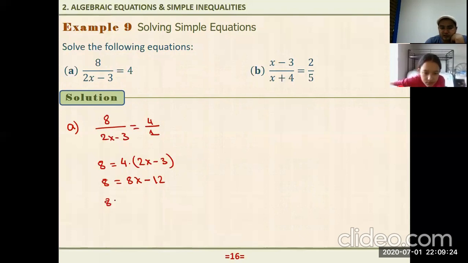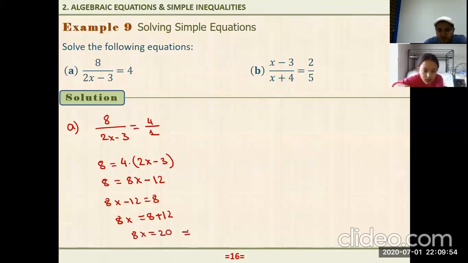Or I can just write it as 8x minus 12 equals 8. Now take the 12 to the right-hand side, that is 8 plus 12, because it's minus, changing its side, so it must also change its sign. So 8x equals 20.